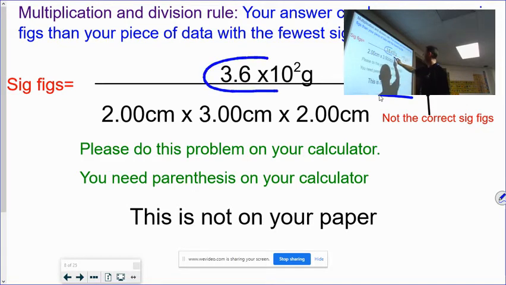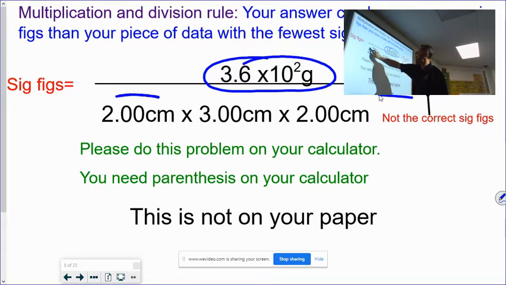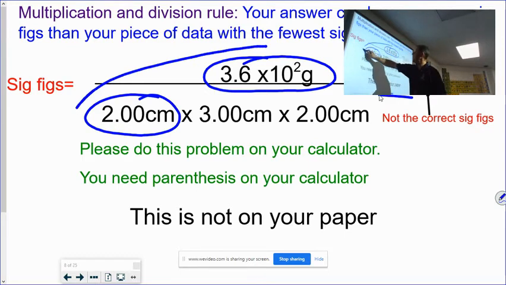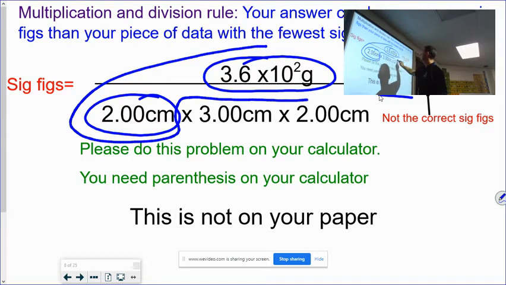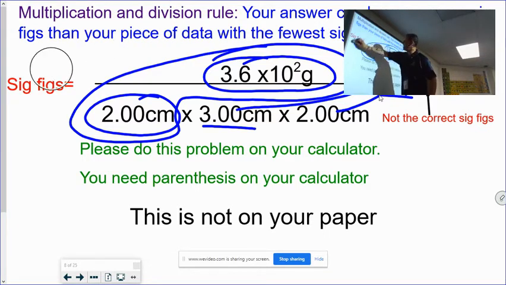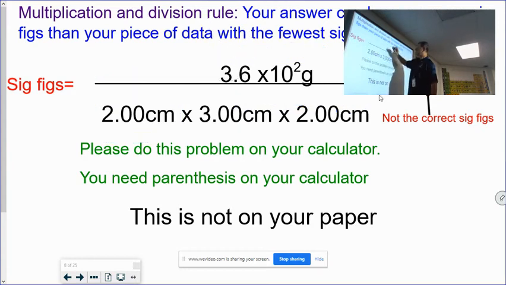You type this into your calculator. You hit the division button. You divided it by 2.00, and since it's multiply, what you did then is you took this value right here and you essentially multiplied it by 3, which would be like putting the 3 up there, and then you multiplied it by 2, which would be like putting the 2 up there. To correctly put this into your calculator, the paper kind of lies to you.